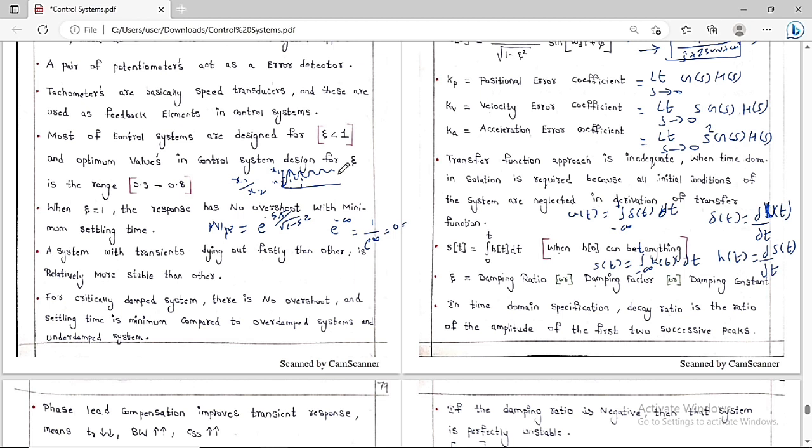So the ratio of the two successive peaks is called the decay ratio, where x1 is the peak value of the first overshoot and x2 is the peak value of the second overshoot. Finally, in time domain specification, the decay ratio is the ratio of the amplitude of the first two successive peaks. This point you always have to keep in your mind.